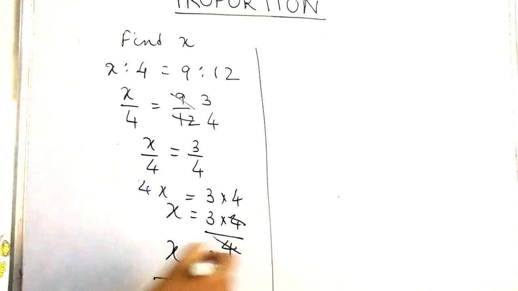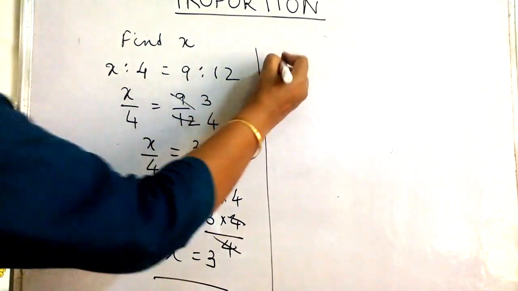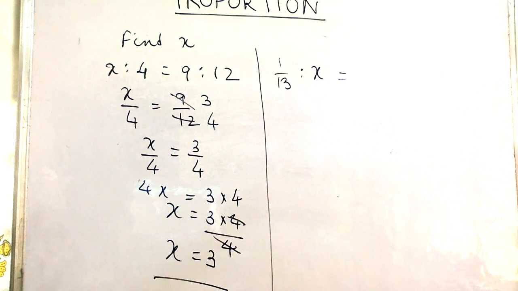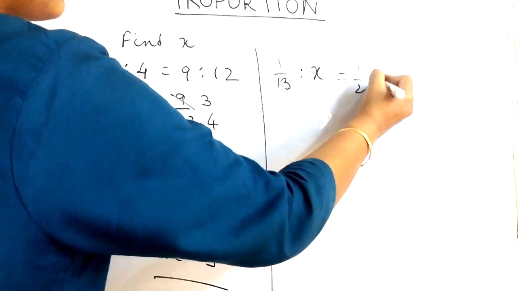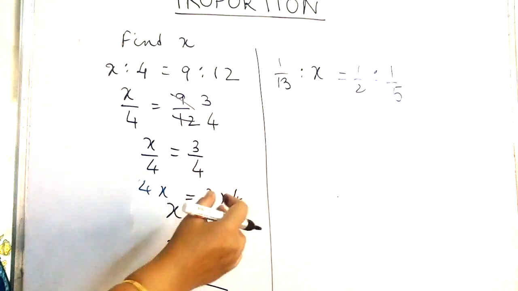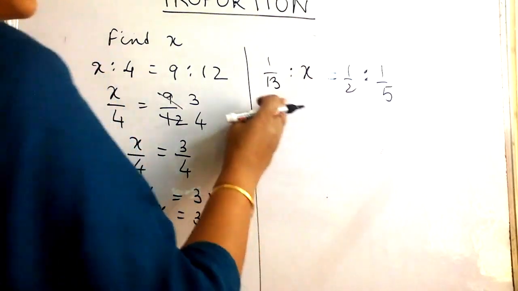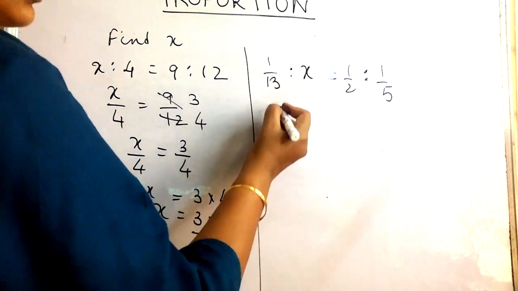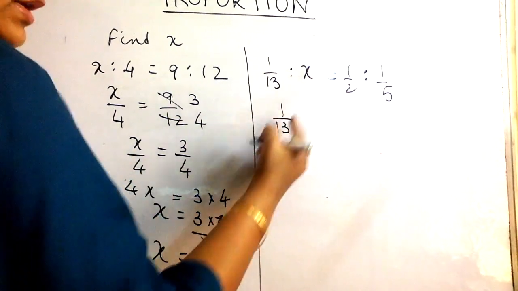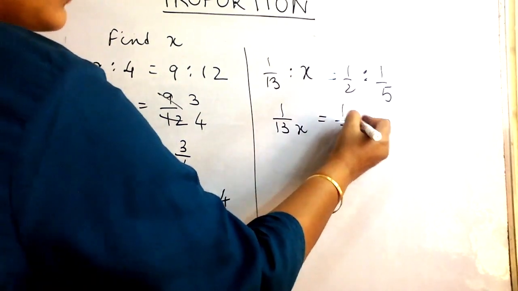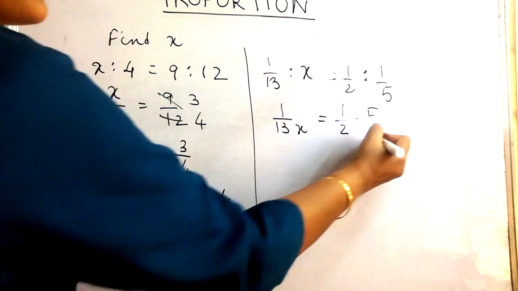Here is another one. Let's see. That says 1 by 13 is to x is equal to 1 by 2 is to 1 by 5. So they have again told us that these two ratios are in proportion. So what do we do? Here, how to proceed? So this is 1 by 13 divided by x is equal to 1 by 2 divided by 1 by 5, that is into 5 by 1, right?